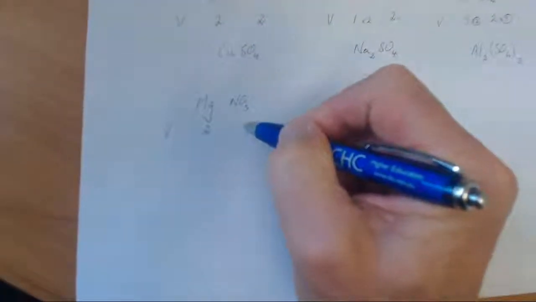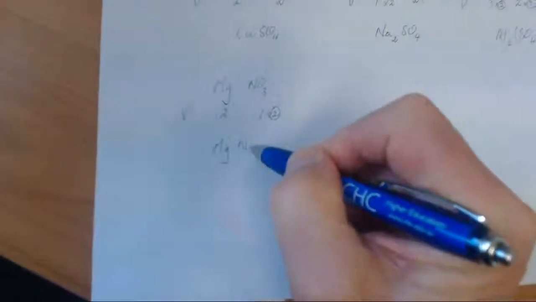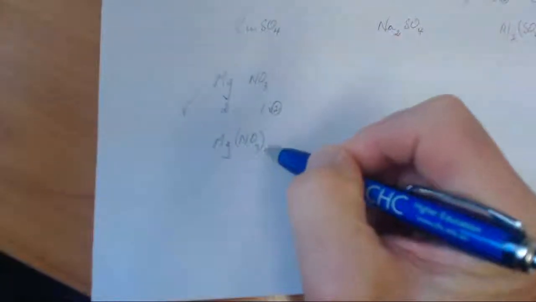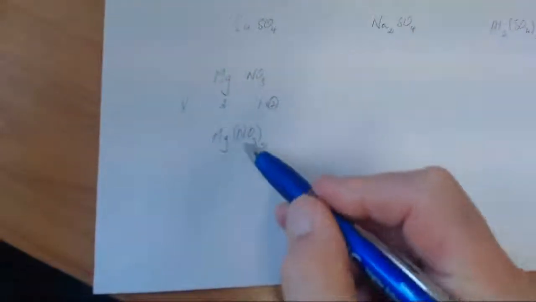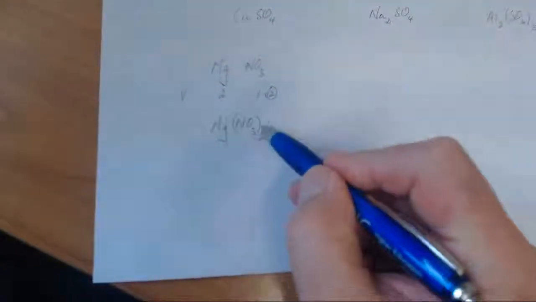It's an ion, therefore it's 1. Well, it's a 2 and 1 again. So we need 2 altogether. So it would be Mg, and there's 2 lots of NO3. That means there's 1 magnesium atom, and there's 2 nitrogen and 6 oxygen altogether, but it's written as magnesium with 2 lots of NO3.